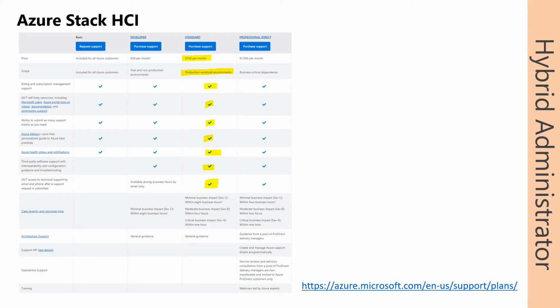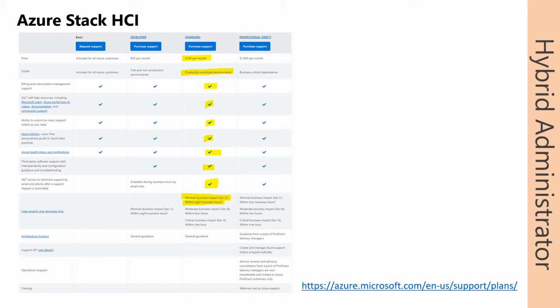And then I think the most important thing for you is the reaction time. If we have minimal business impact, so severity C, then I will receive a reaction within 8 business hours. So my cluster is up and running, everything is fine there, but something does not work as expected.